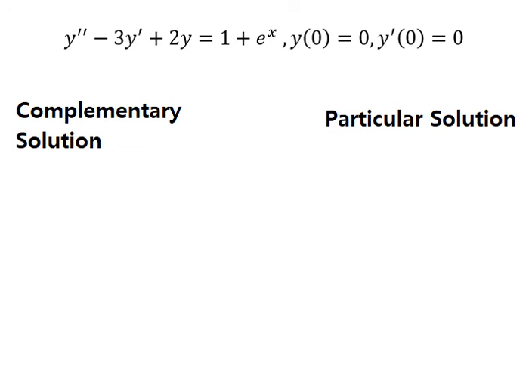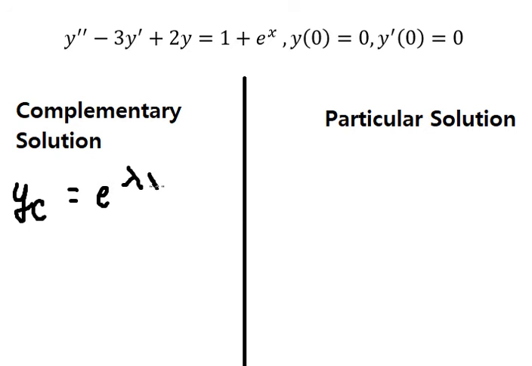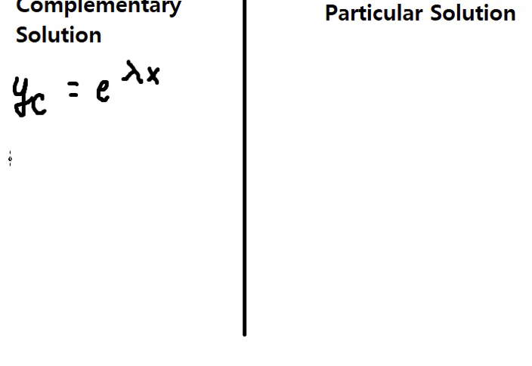So for this one, I will put yc equals e to the power of lambda s. Later we do first the derivative of yc, and we have lambda e to the power of lambda s.